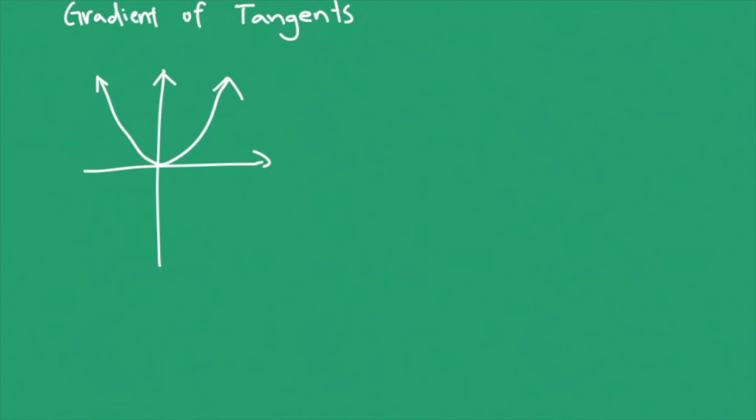Okay, if we draw a parabola accurately and draw the tangent to the parabola at points where x equals 1, x equals 2, x equals 3, and so on, we will get a gradient for each point.